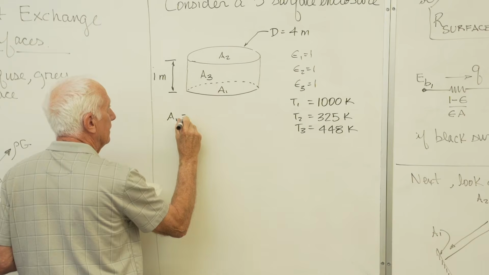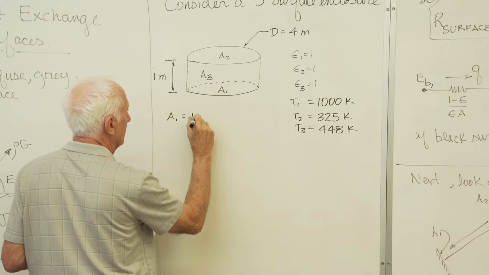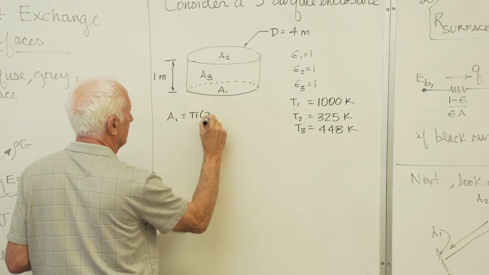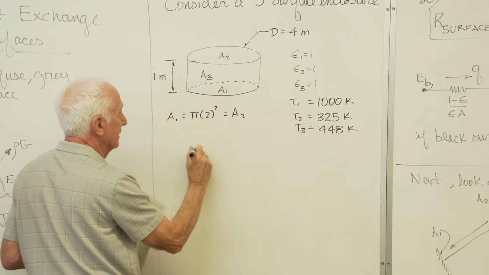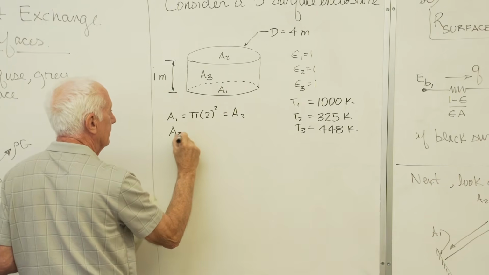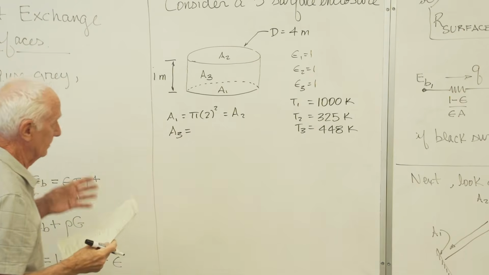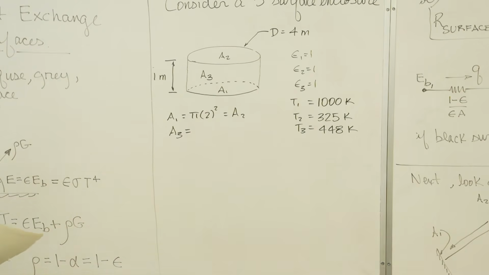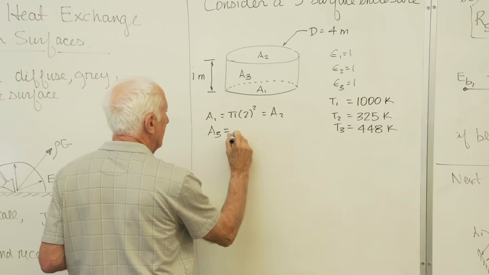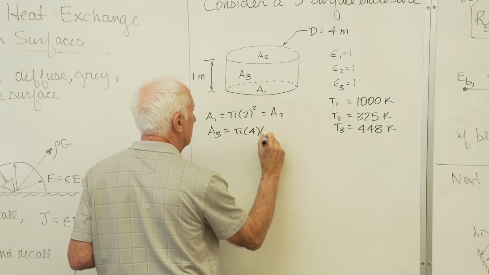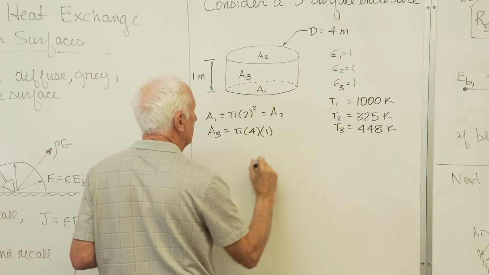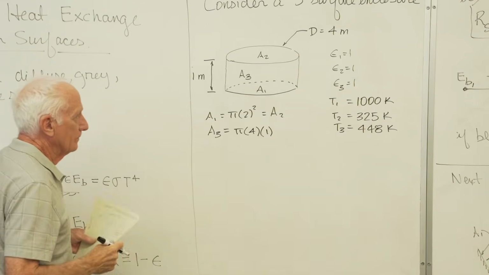A1 is pi r squared. That's equal to A2. Got it. A3, the side walls of the cylinder: circumference times the height. Circumference pi d, the height 1. All right, I got all the areas.